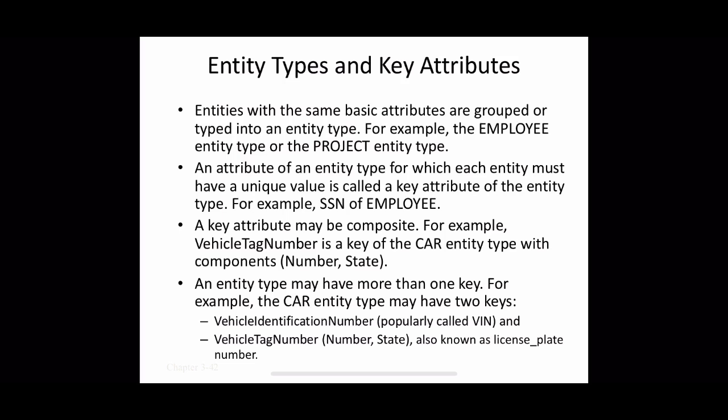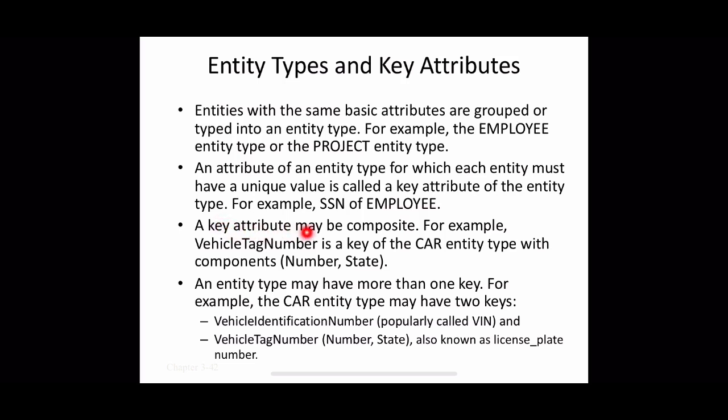So an attribute of an entity type for which each entity must have a unique value is called the key attribute of the entity type. Just for example, SSN can be treated as a key attribute of the entity type employee. So every entity inside the employee entity type will have a unique value for SSN. So we can distinguish different employees using the SSN value.